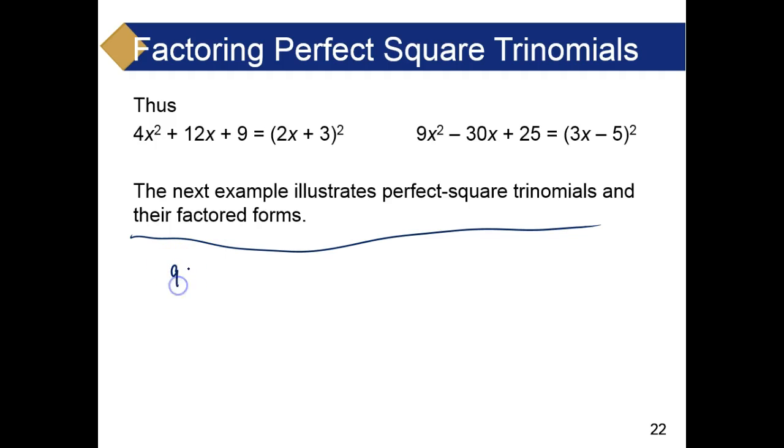Here is a trinomial. 9x squared minus 30x plus 25. If you were asked to factor that, what would be your approach? Factor it?